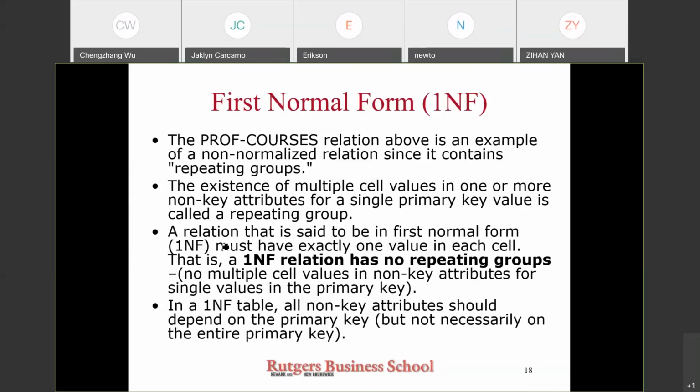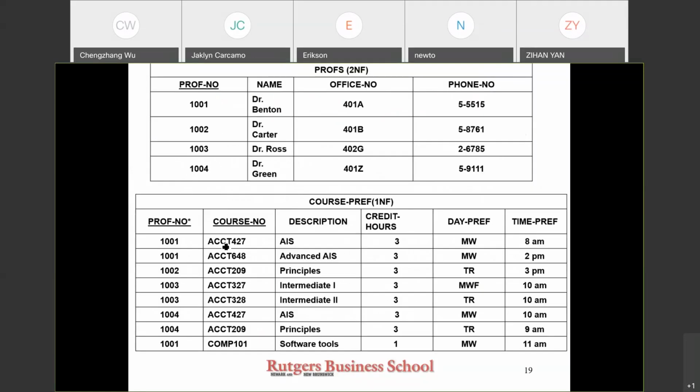So what can we do? We redesign the cells and separate it into two tables. So the tables showing in this slide show how the repeating groups in the previous table are eliminated to create tables in first normal form. Essentially, the previous table is decomposed into two tables.